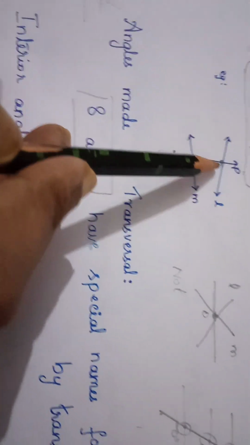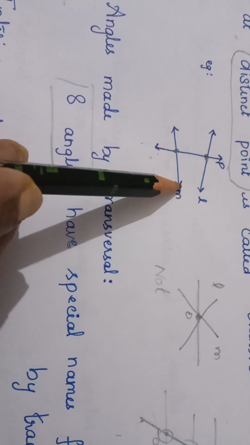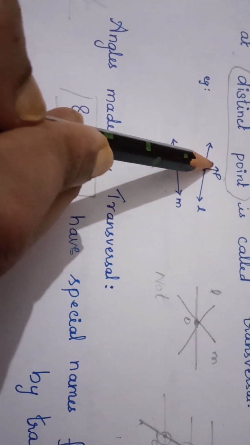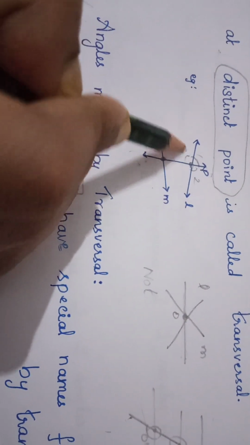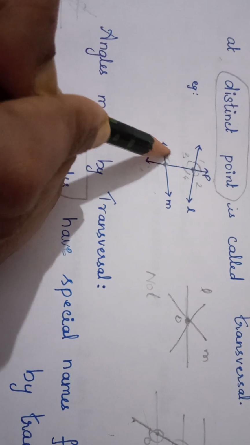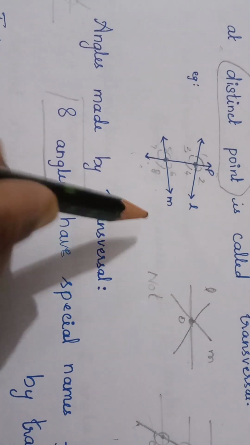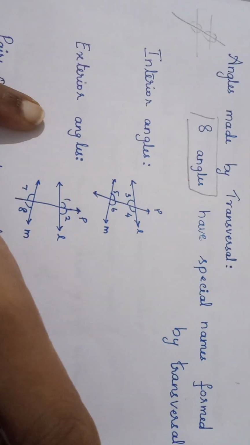For an ideal example, we can take two lines. A transversal cuts two lines. Then it can form 8 angles: angle 1, angle 2, angle 3, angle 4, 5, 6, 7, 8. Okay, there's a specific name for each of them. We're going to see that now.